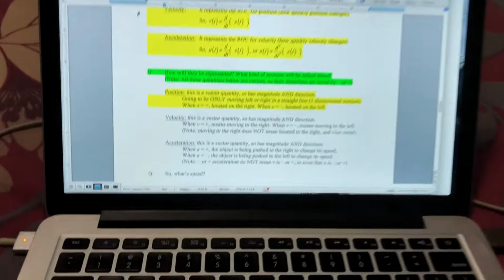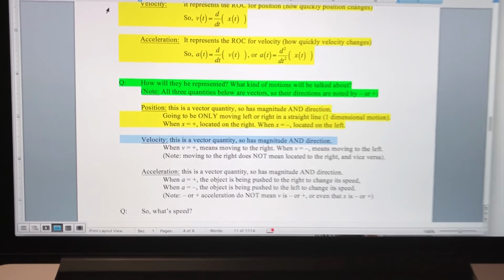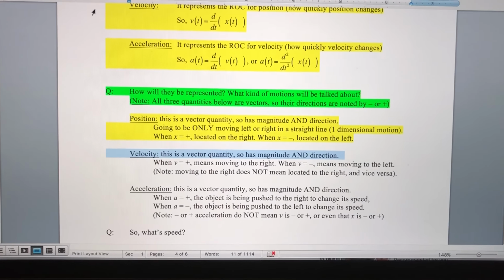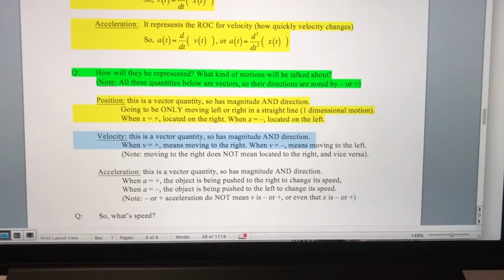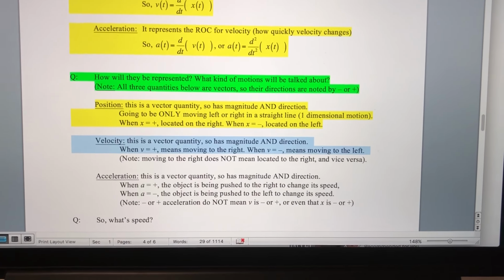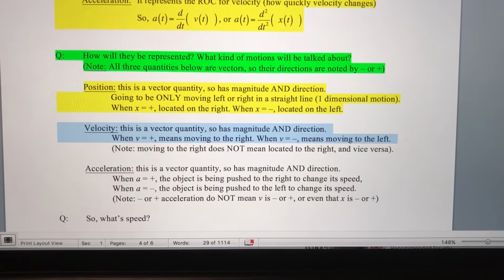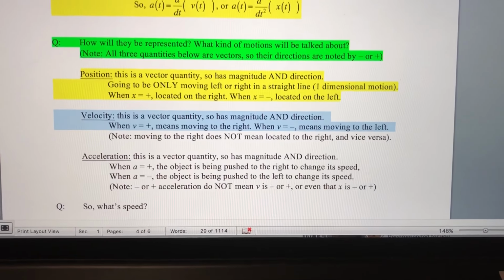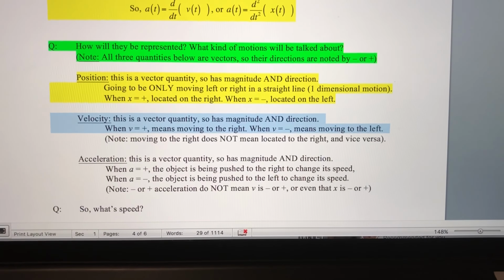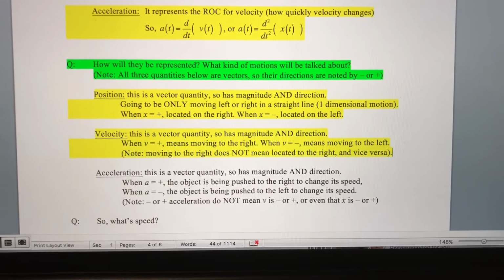Velocity. Velocity is also a vector, so it has magnitude and direction. Now, when velocity is positive, it means you're moving to the right. Velocity negative, moving to the left. But also note that moving to the right does not mean you're located on the right. What that means is this.